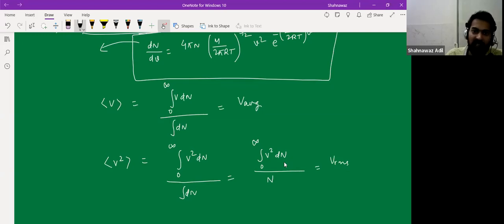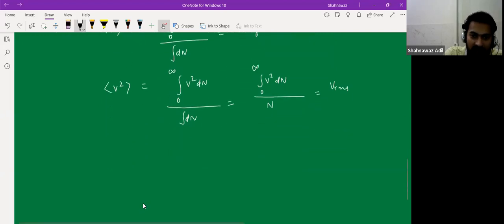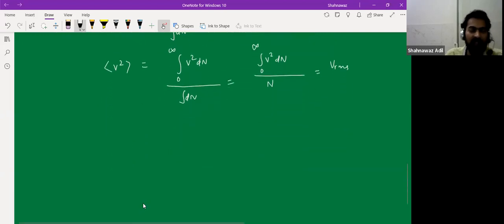And what will be the most probable velocity? So most probable velocity is the one which has the highest number of molecules, which is recurring many times, right? So we have to find the maxima of that point.